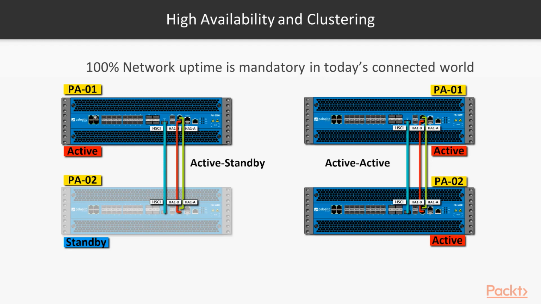In the Palo Alto, I can configure link and path monitoring. So when you configure active standby or active-active pairs or clusters, you're going to have some parameters that you have to configure and tell the Palo Alto, hey, if this happens, I want you to fail over. For example, if you want to configure a monitor policy, you can say, I'm going to constantly ping the outside, and you can ping Level 3's popular DNS 4.2.2.2, or you can ping 8.8.8.8.